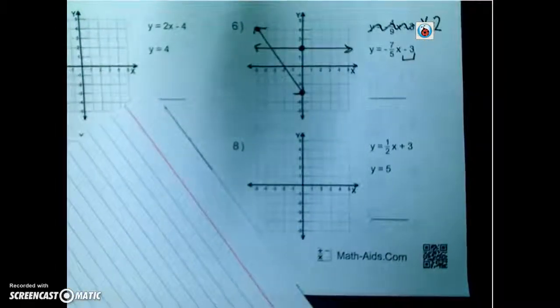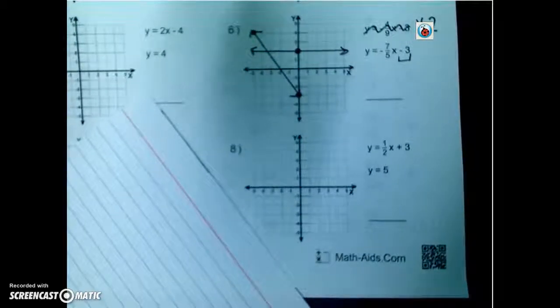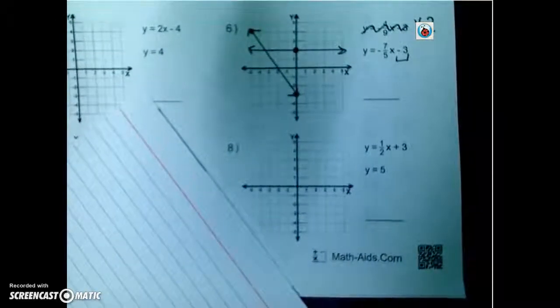All right, so now I had to change some of these to fit on to the page. Some of our coordinate points won't cross. That's okay.